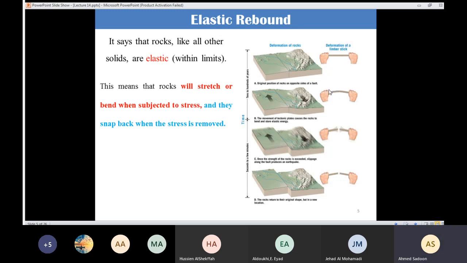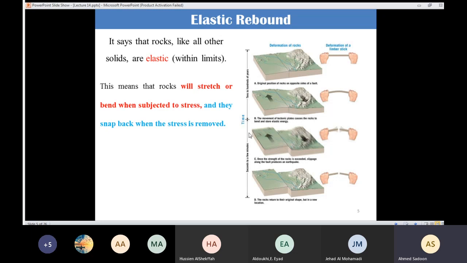So the shape here is not like the shape here because of the stress. And at that moment, we have resistance. In the rock, we are going to have frictional resistance.